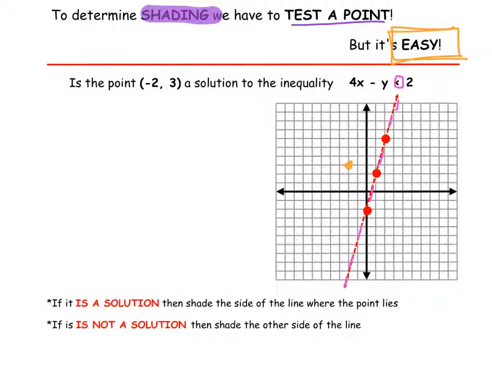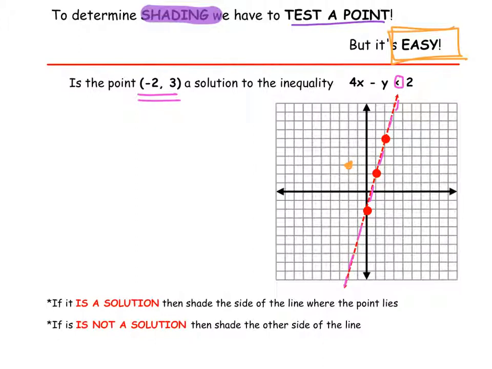And so to determine what point to test for shading, you can choose any point on the entire grid. It doesn't have to be the point -2, 3. You could have used any single point you wanted.